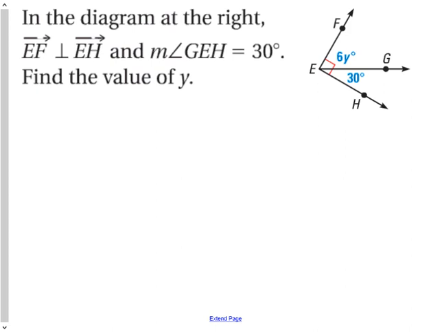Next, in the diagram at right, EF is perpendicular to ray EH, and angle GEH is 30. Find the value of y. So again, the main information we need is that little right angle box tells you it equals 90. So these two together equal 90, and we're going to set that up as an equation. 6y plus 30 equals 90.